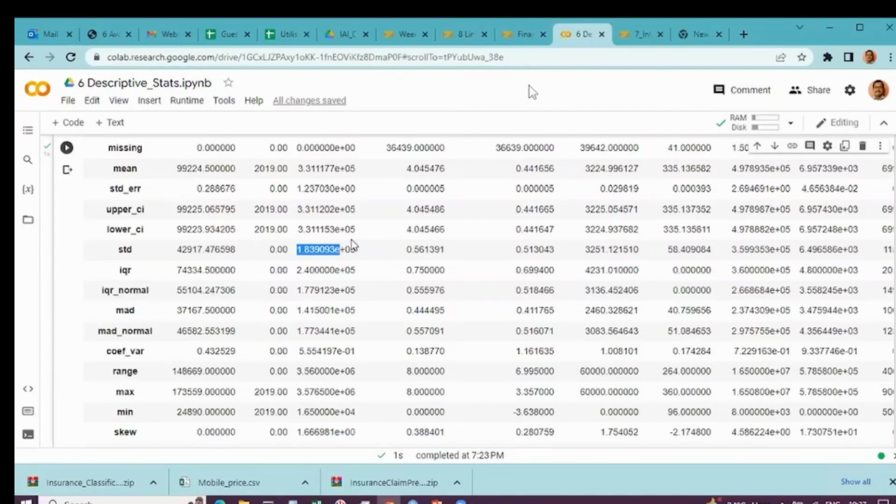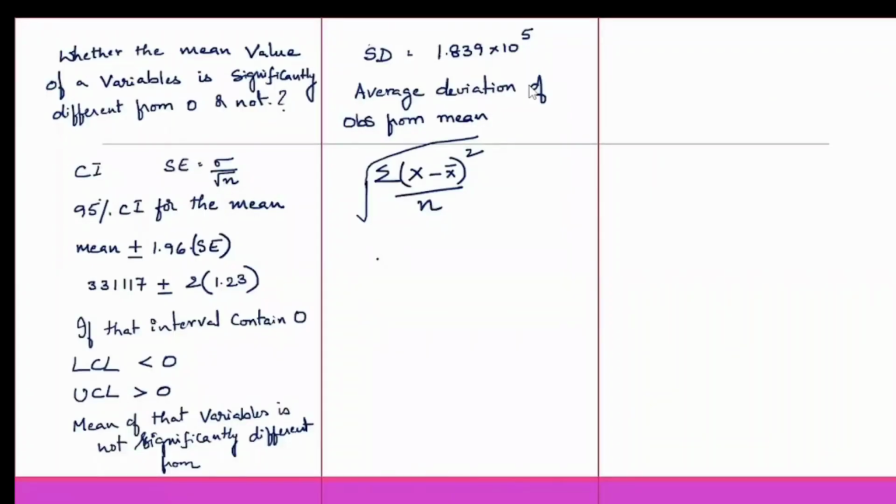Now here, if the deviation is too high compared to the mean, sometimes we may even observe that some extreme values or outliers could be present in the data. So standard deviation has to be looked at from a relative perspective only. Generally what people do is the standard deviation divided by the mean, which is otherwise called the coefficient of variation.